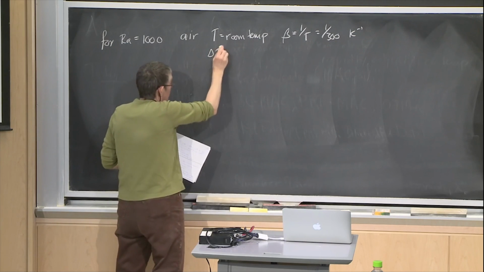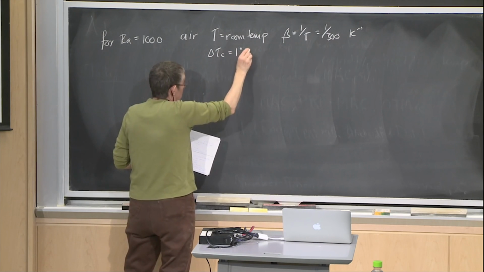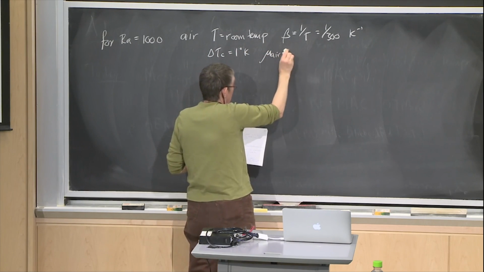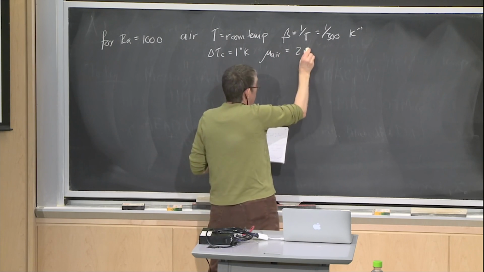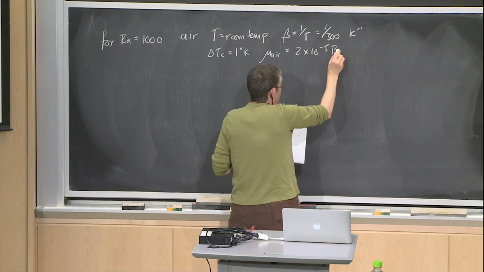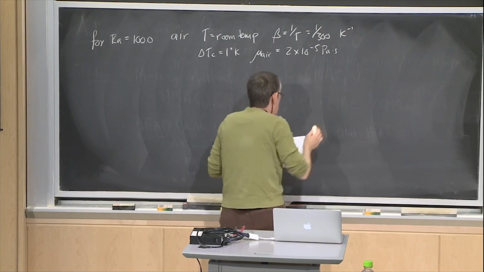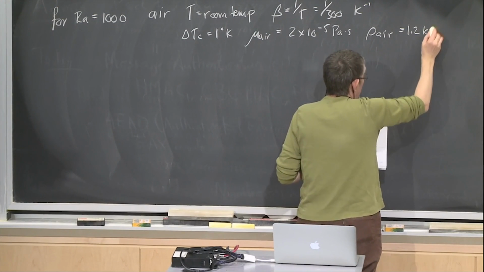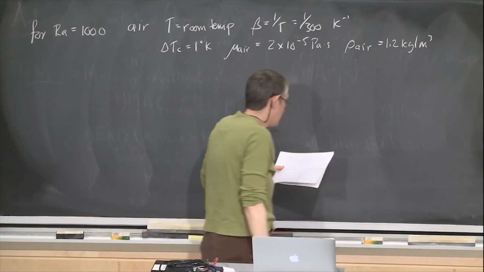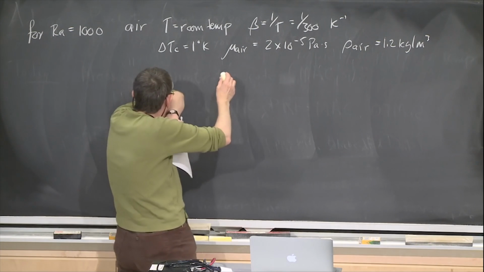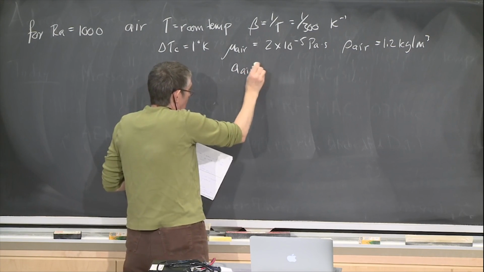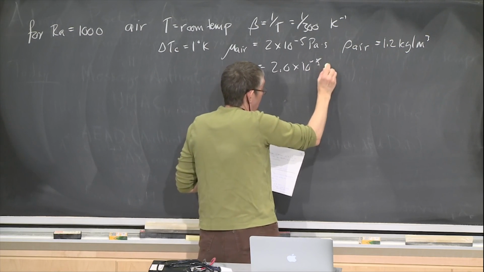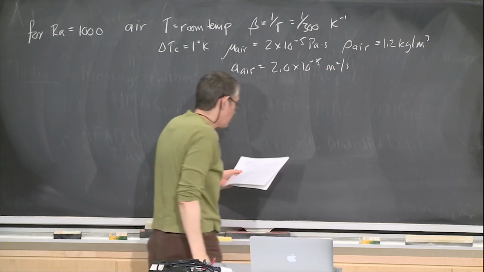Let's say our change in temperature across one cell was 1 K. The viscosity of air is 2 times 10 to the minus 5 Pascal seconds. The density of air is 1.2 kilograms per cubic meter. And the thermal diffusivity for air is 2 times 10 to the minus 5 meters squared per second.